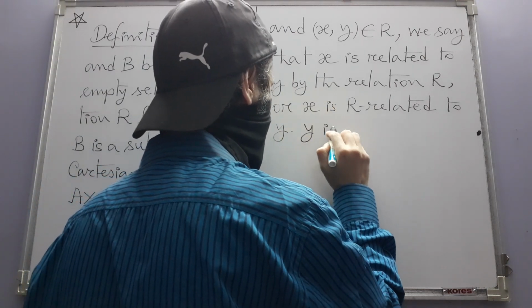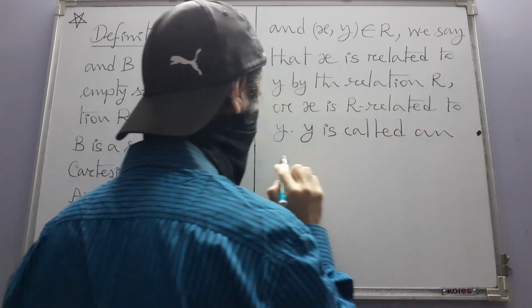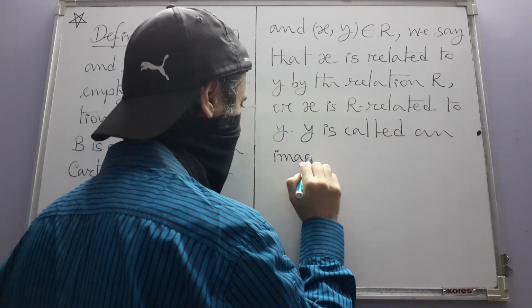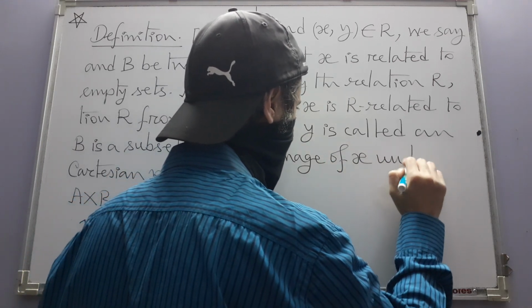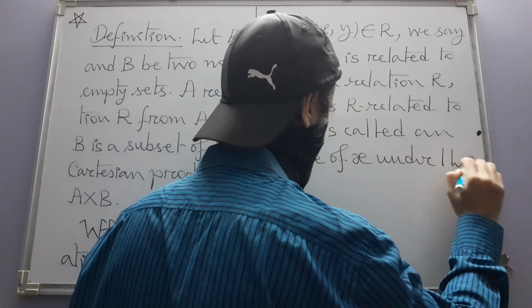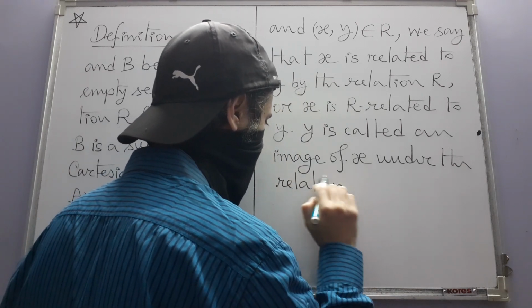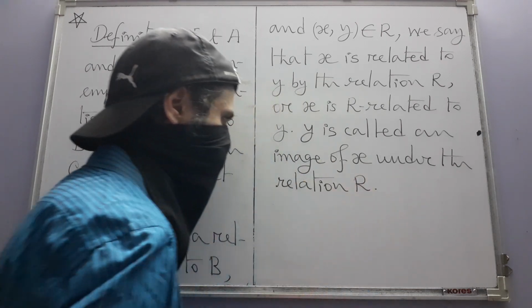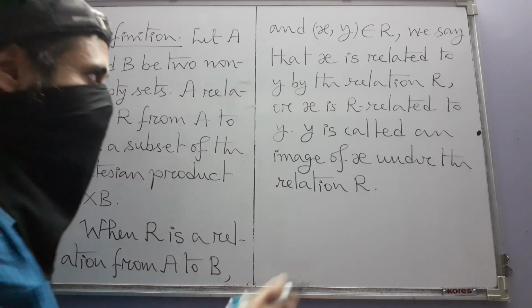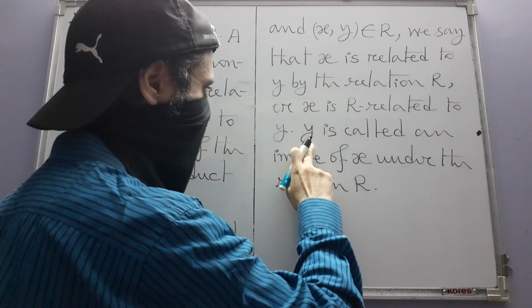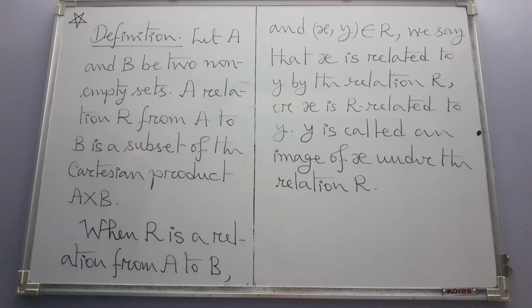Y is called an image of X under the relation R. Okay, so when this happens, then we say that Y is an image of X under the relation R.